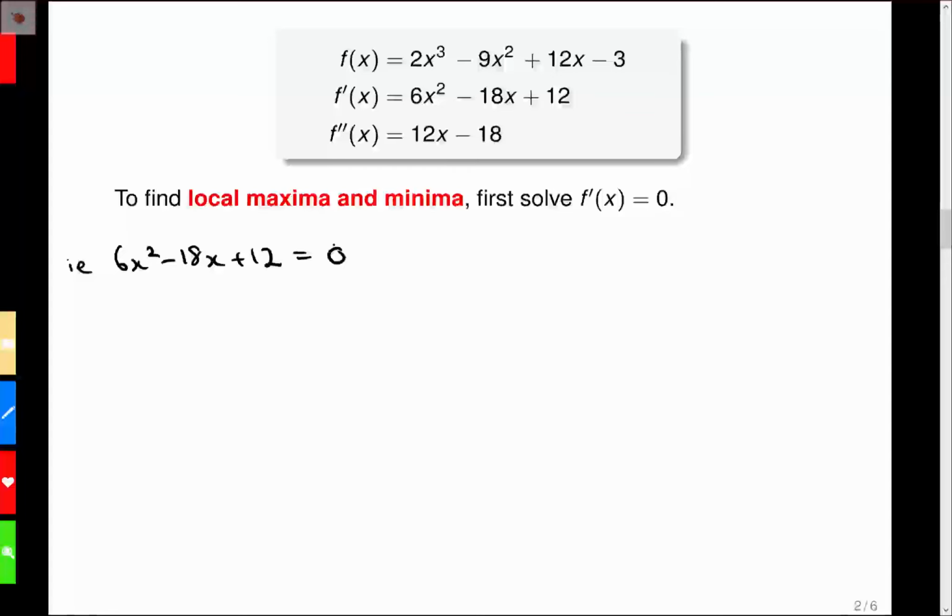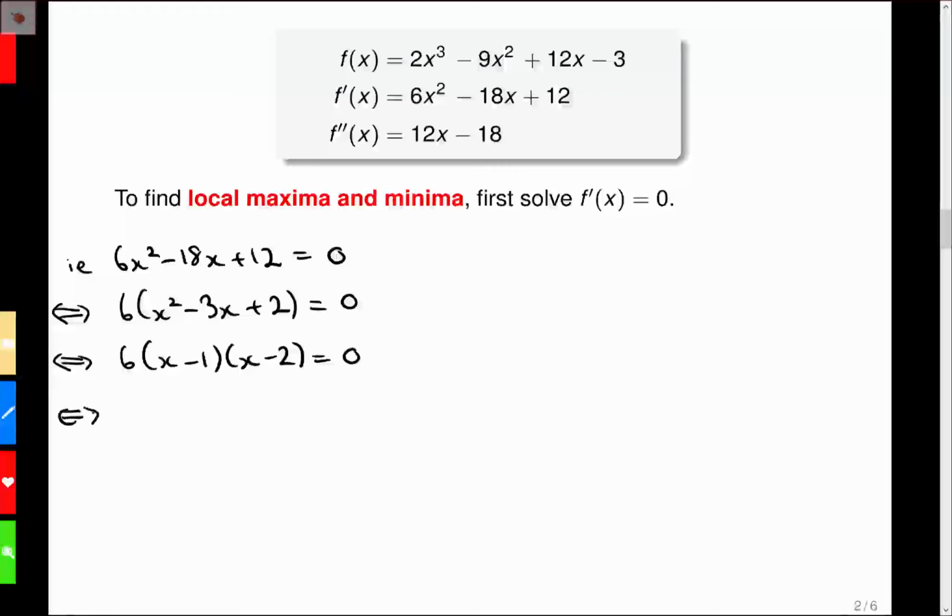We can then take out 6 as a factor on the left-hand side. Factorizing what's inside the brackets, we get the following. Thus our solutions are x equals 1 and x equals 2.